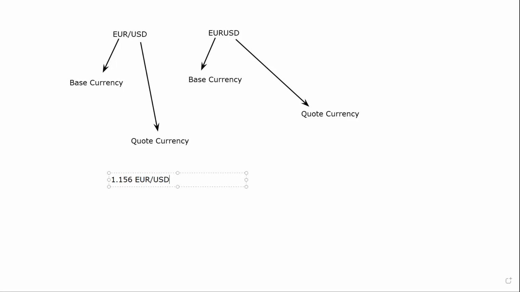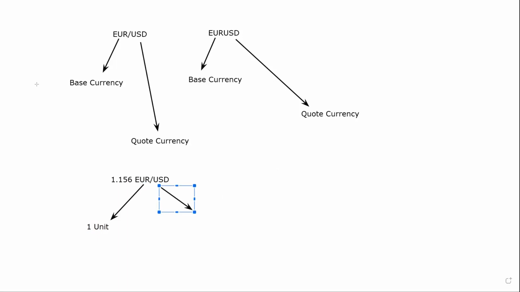So what does this mean? There is another rule. Remember that the base currency is always 1 unit. Okay, the base currency, which is this one, is always 1 unit. Remember this. This is a very important rule.